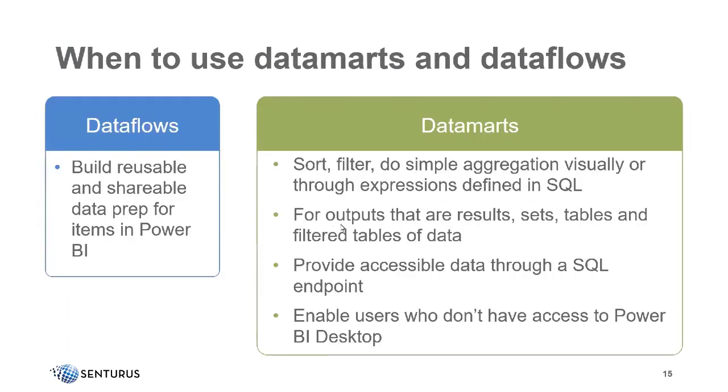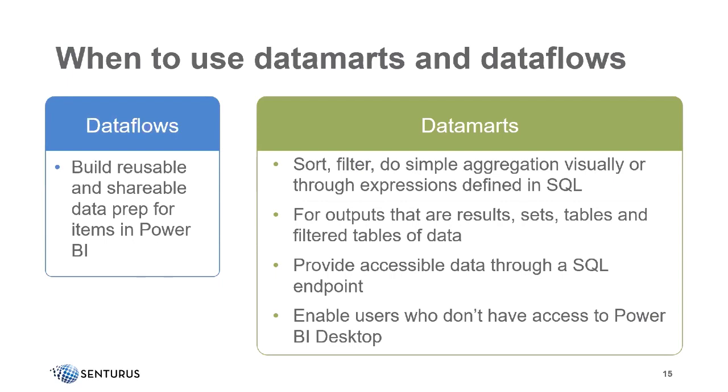So Datamarts, dataflows. Okay, first off, let's understand what these two things are. And let's take this off the table. A data set is what we would use to build our reports, build our dashboards, build this, build that. Datamarts produce data sets. Okay, the real thing is, what's the difference between a data flow and a data mart?